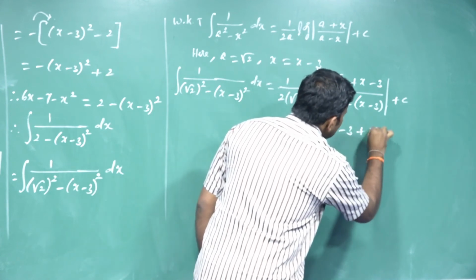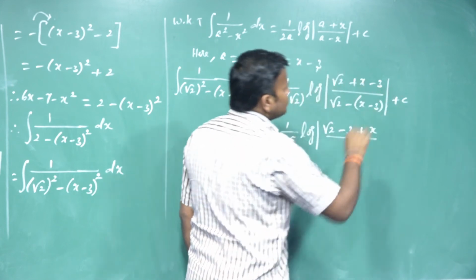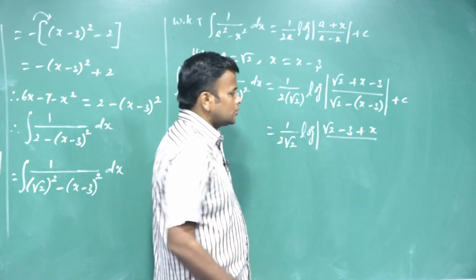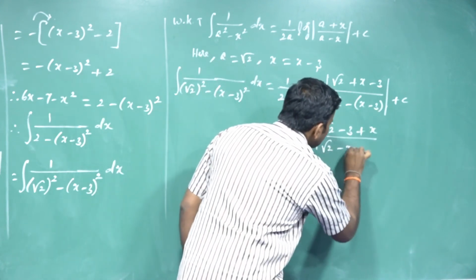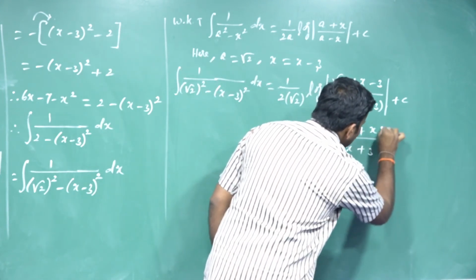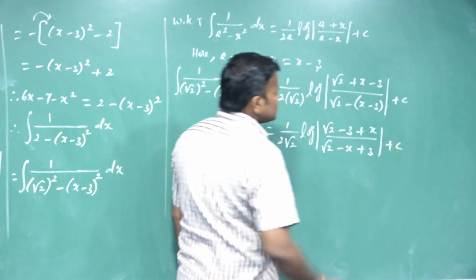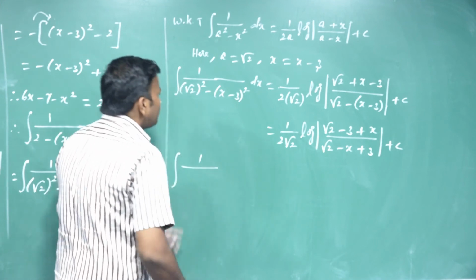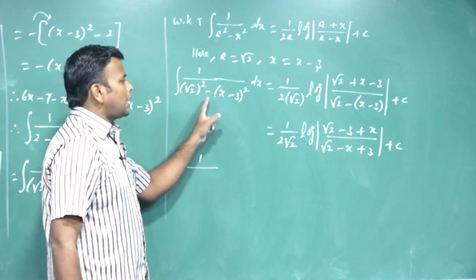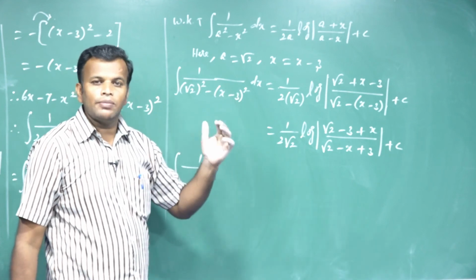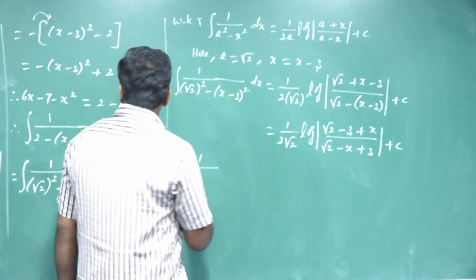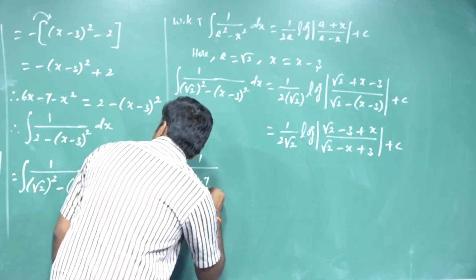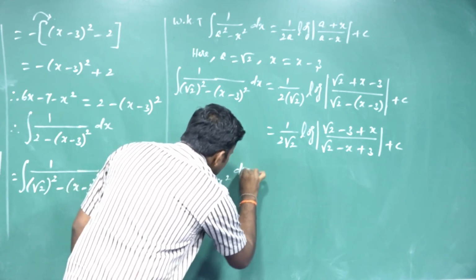root 2 minus 3 plus x. First I write the constant. In the denominator, the minus is common in both terms: root 2 minus x, and minus into minus 3 is plus 3. So integrating 1 divided by root 2 the whole square minus x minus 3 the whole square is nothing but our given sum, 6x minus 7 minus x square into dx.